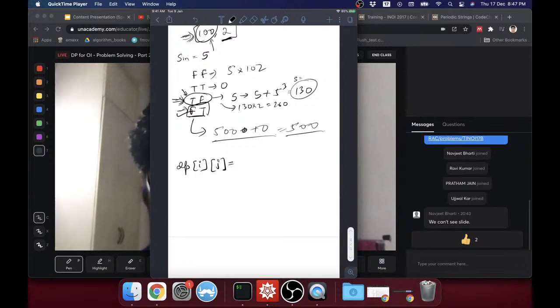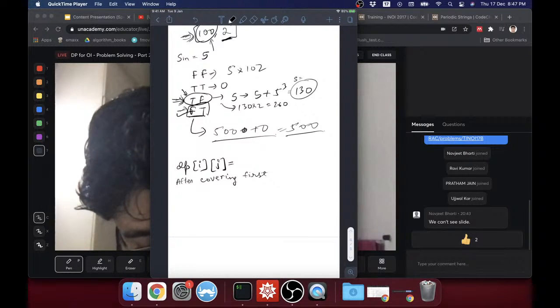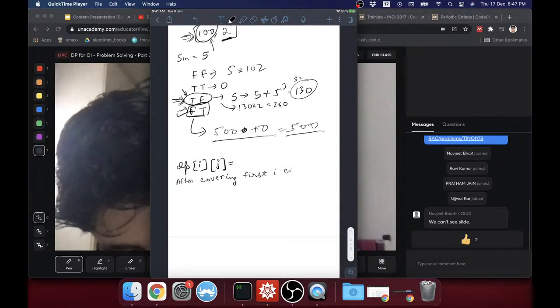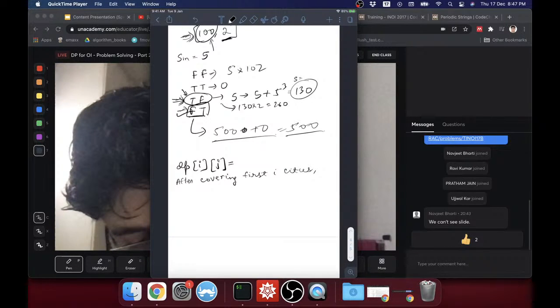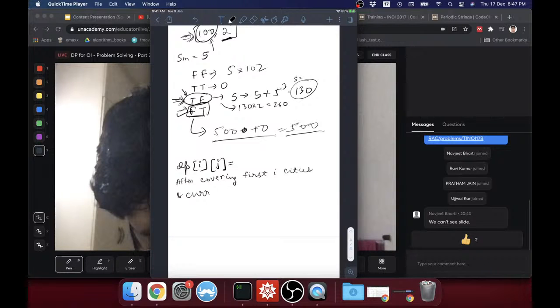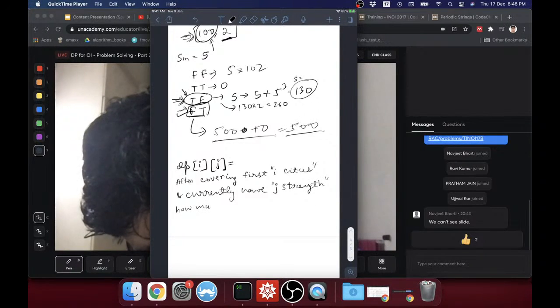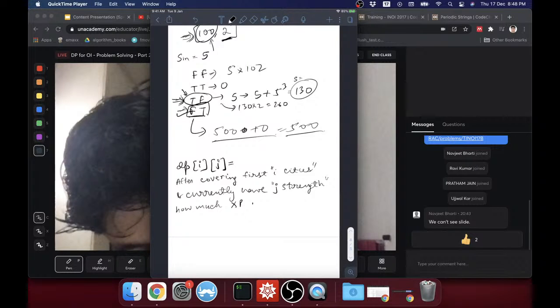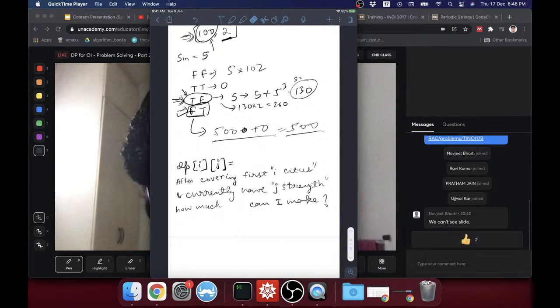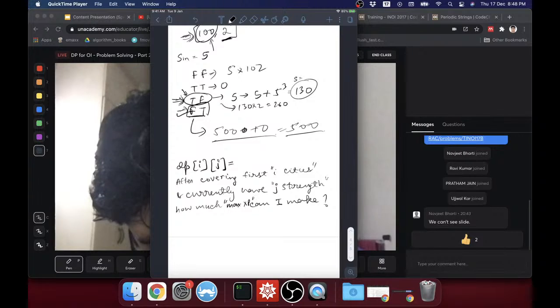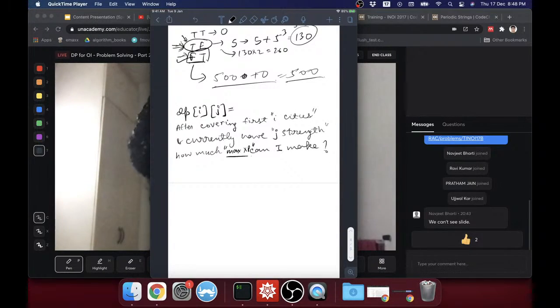You need to know something like, I've fought with the first i guys already, so after covering the first i elements, or first i cities in this question, and currently having j strength, how much XP can I make? How much max XP can I make, right?